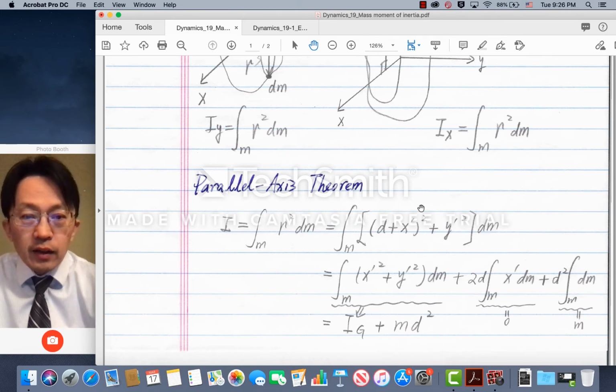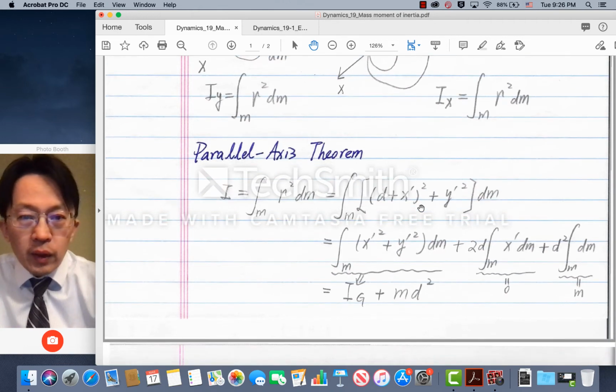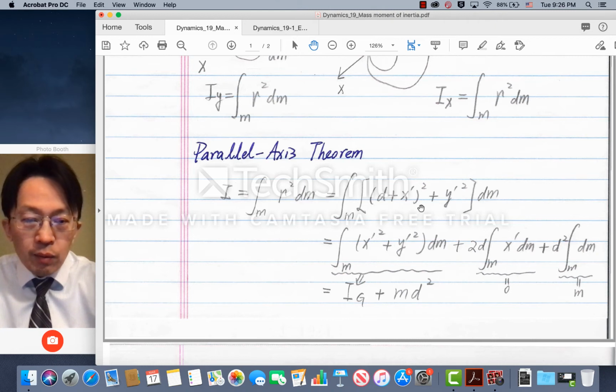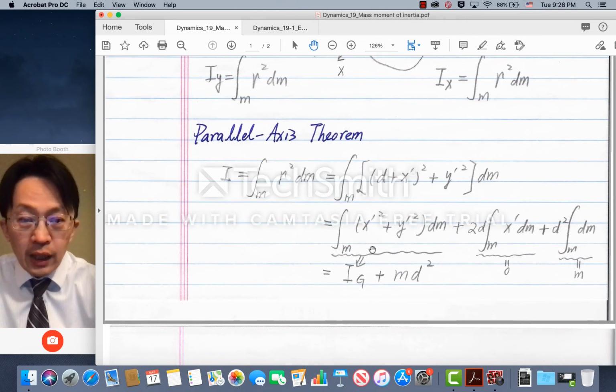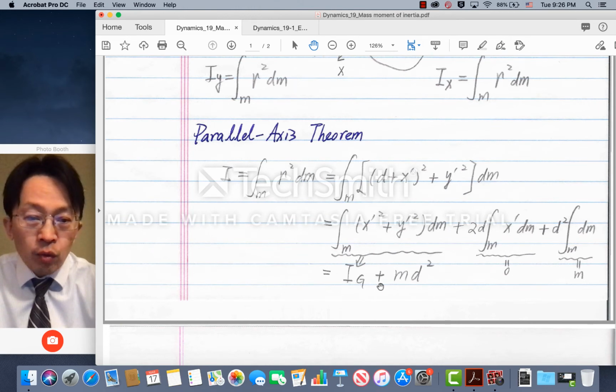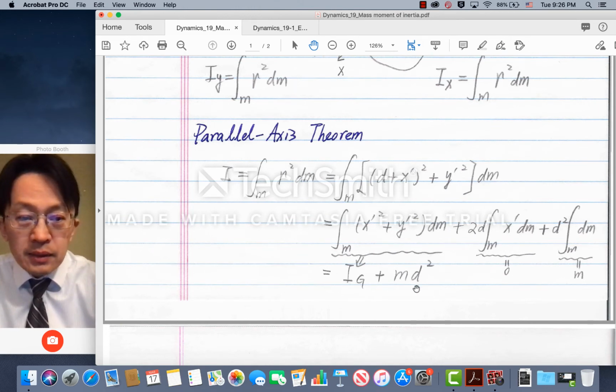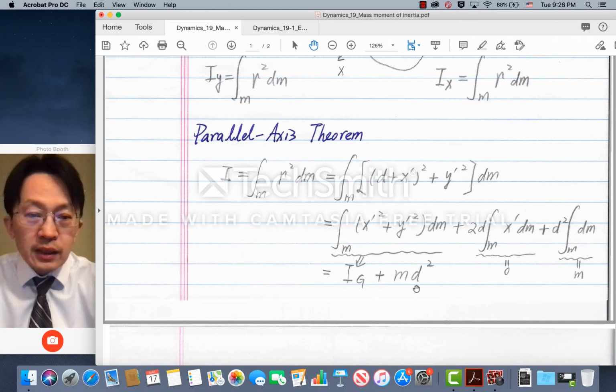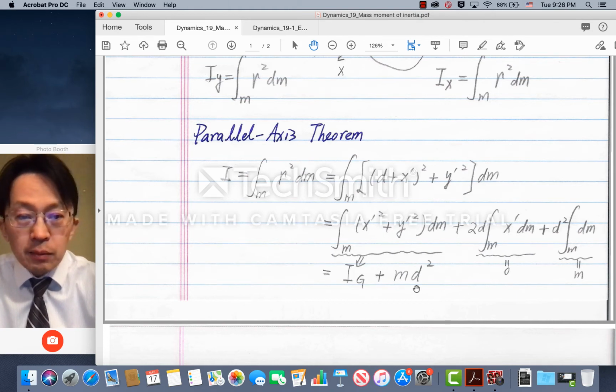Therefore, an arbitrary point, when we choose it to calculate the mass moment of inertia, can be written as the sum of two terms. The first term is the mass moment of inertia at the center of gravity, which is Ig. And the second term will be simply mass times the distance squared. And the distance will be the distance from the center of gravity to the point of choice.